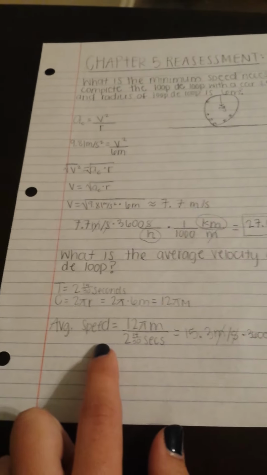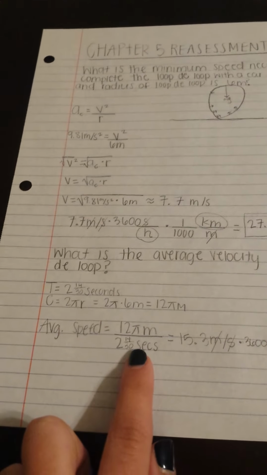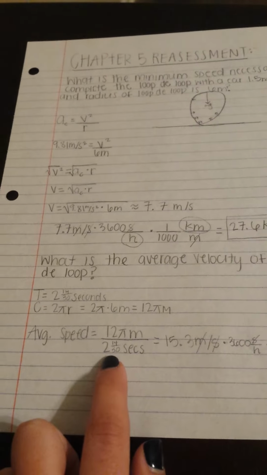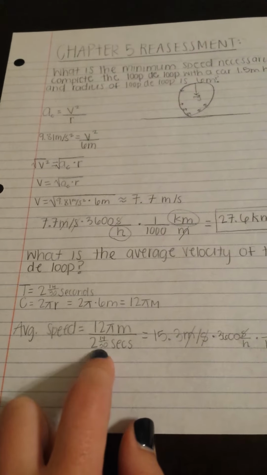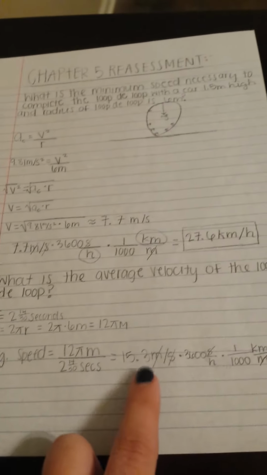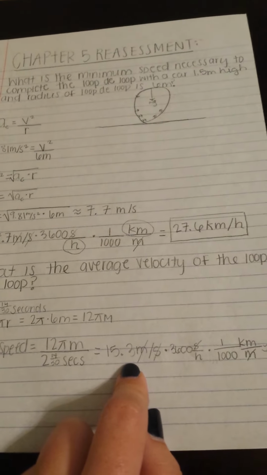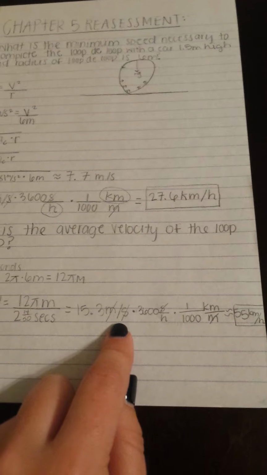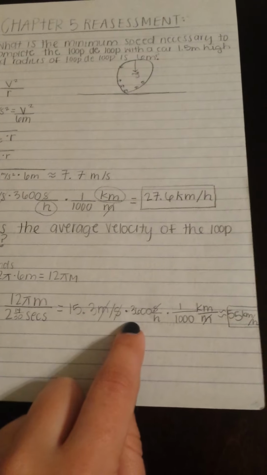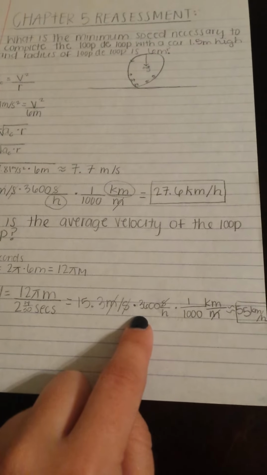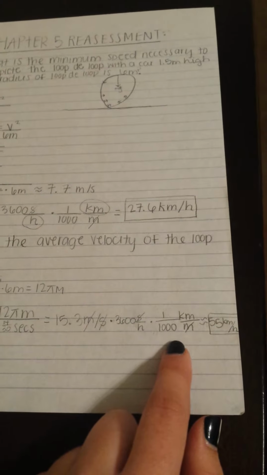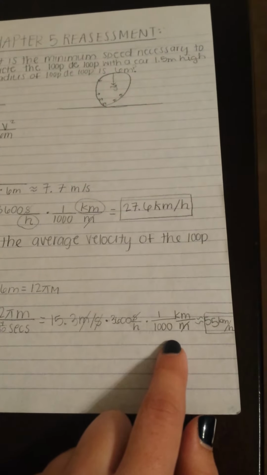So we can get the average speed by doing 12 pi meters over the time, which is 2 and 14 over 30 seconds. And we would get 15.3 meters per second. And again, we can convert that to kilometers per hour by multiplying by 3,600 seconds per hour times 1 over 1,000 kilometers per meter.